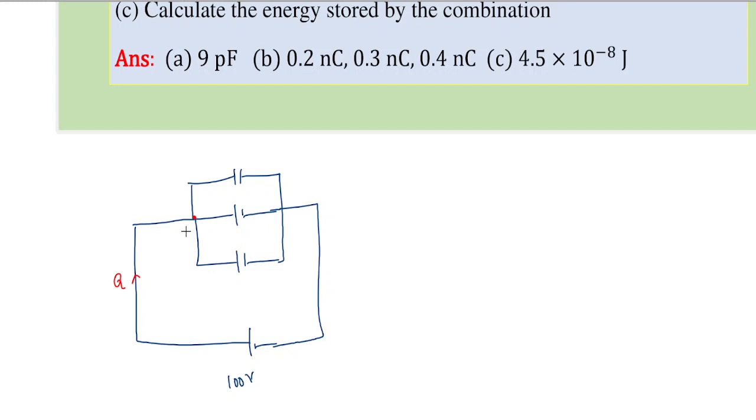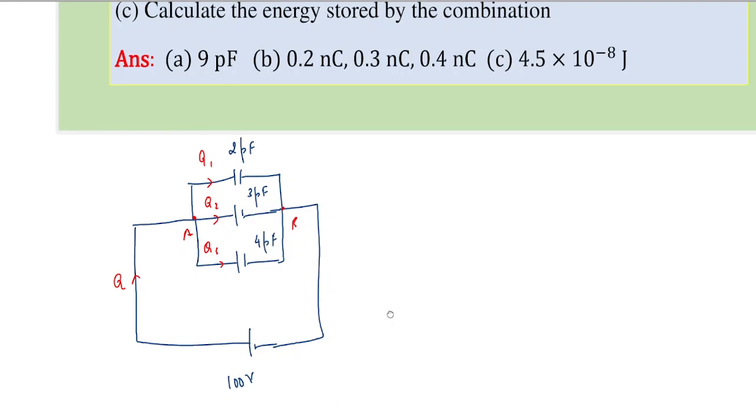When charge Q comes to the point A, it finds 3 possible paths. So charge divides. Let's call the charge Q1 in this capacitor, Q2 here and Q3 here. The values are given as 2 picofarad, 3 picofarad and then 4 picofarad.